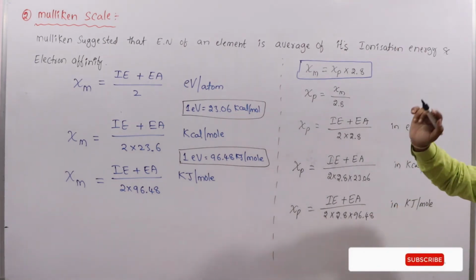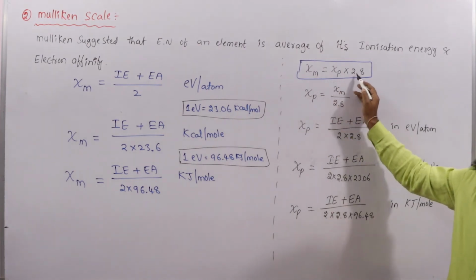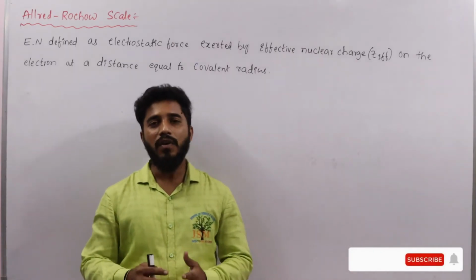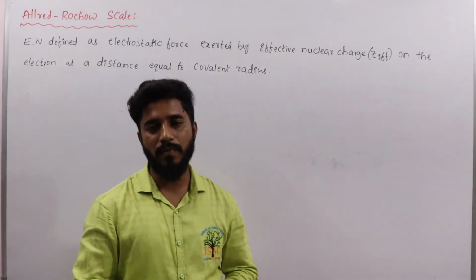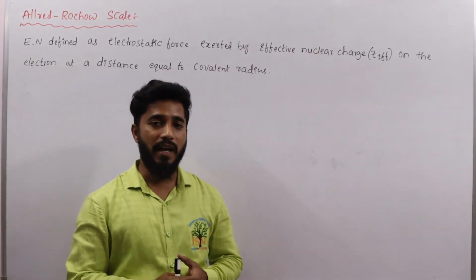What we have to remember is that Mulliken scale electronegativity value is always 2.8 times greater than the Pauling scale. This Mulliken scale is only applicable to univalent elements.